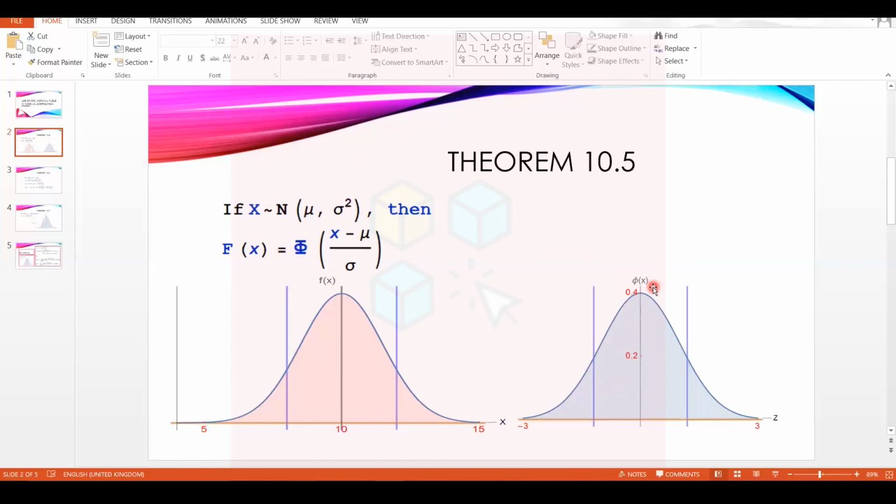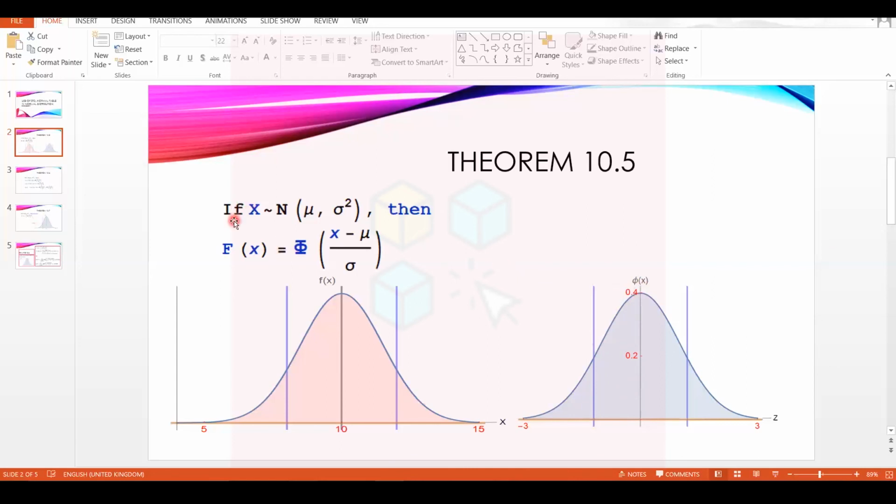Whenever we substitute the values of the parameters in the density function along with the mean mu, we will get the maximum ordinate at that point, which in this case is 0.4.